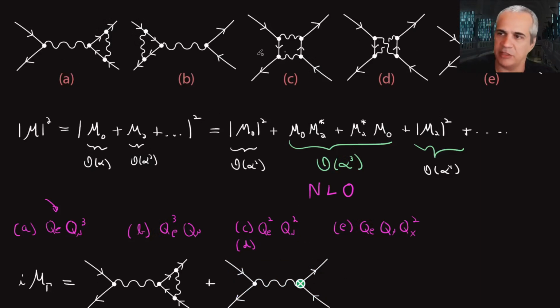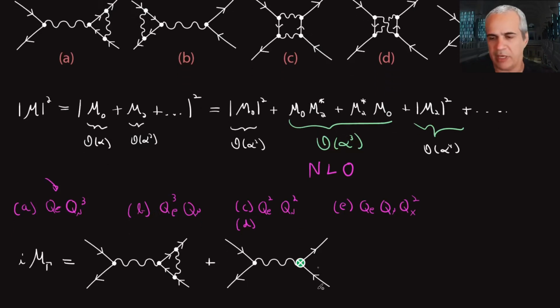Here I was writing just the loops, but we know that the counter term also starts at order alpha squared, because we have imposed the condition that this counter term needs to cancel the divergences for these loops. So it starts at the same order, so it will appear here.